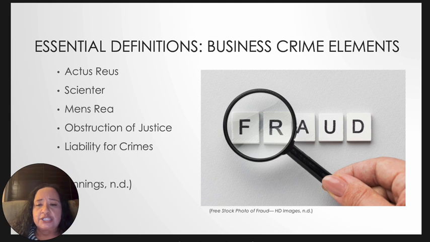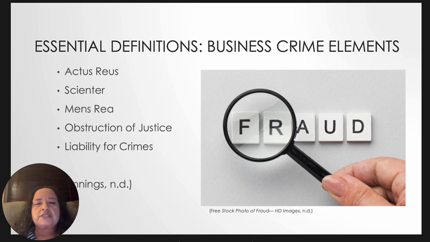The scienter in business crime is the mental state of intent to deceive, manipulate, or defraud. It is a required element for many fraud cases, including securities fraud and the False Claims Act. Mens rea means that the person knowingly and intentionally committed the crime.